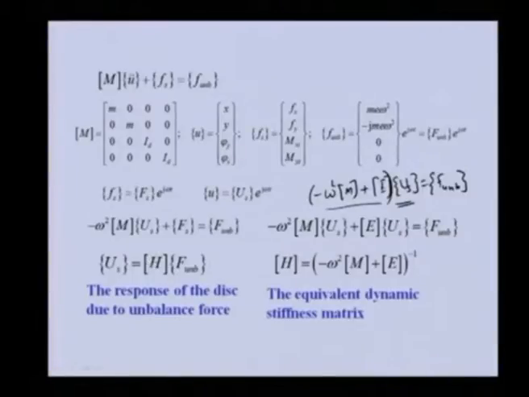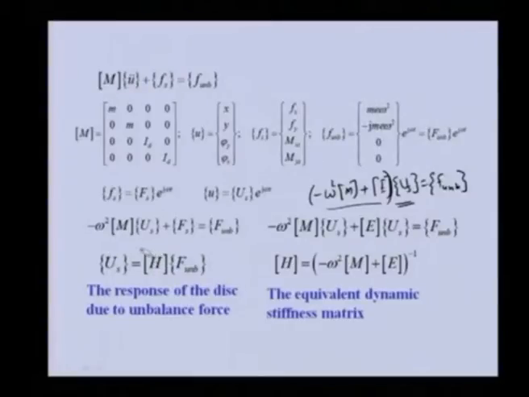H is the inverse of this matrix. So Us is the displacement at this location, F is the unbalanced force, and that is the equation we need, because the unbalanced force is known, and we want the displacement of the disk.